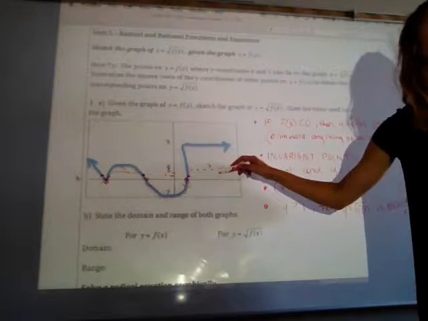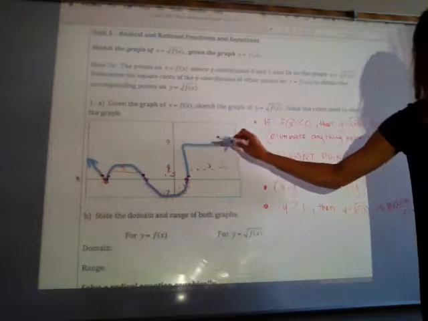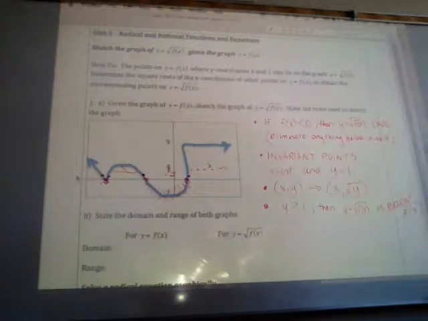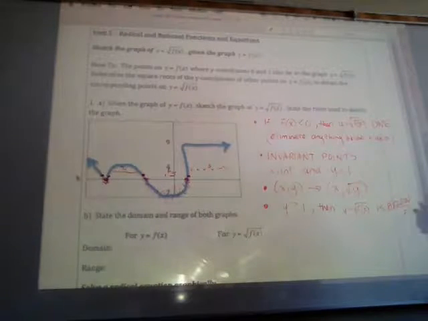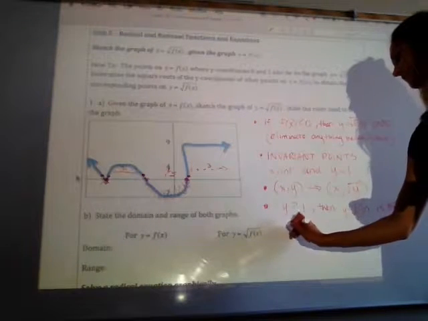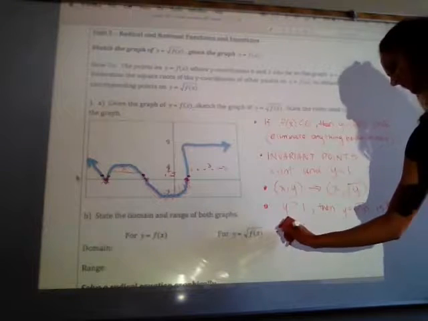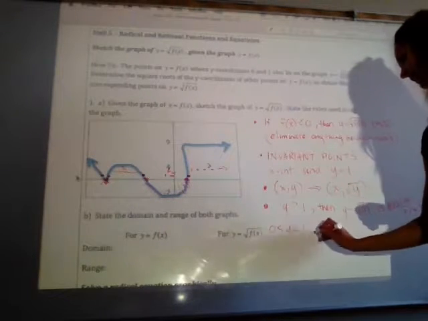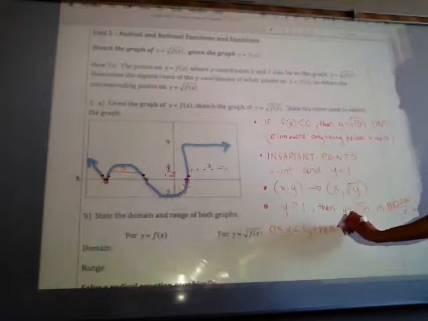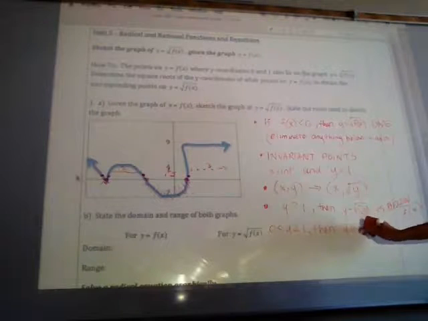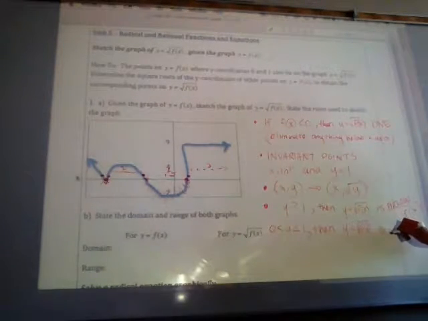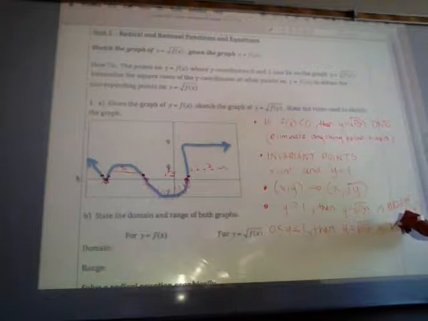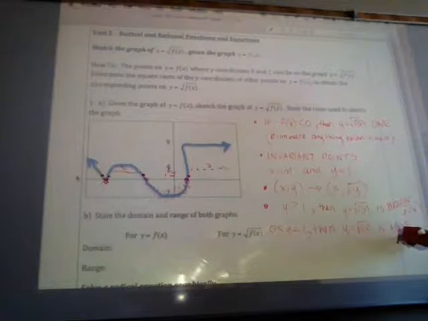So it's going to exist below it. The new graph is below the original graph. Okay, when y is between 1 and 0, then the radical function is above the original graph f of x.